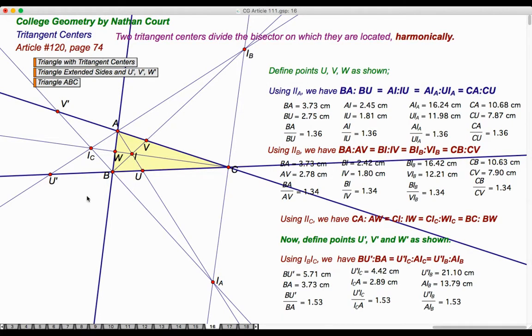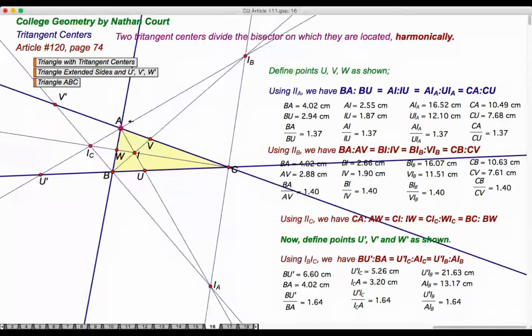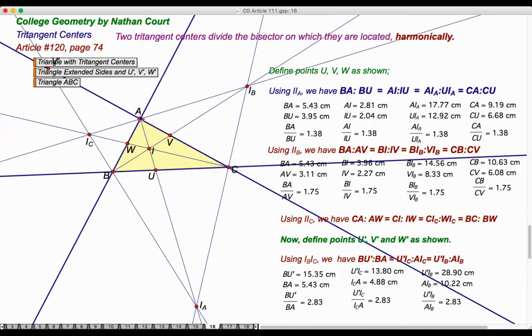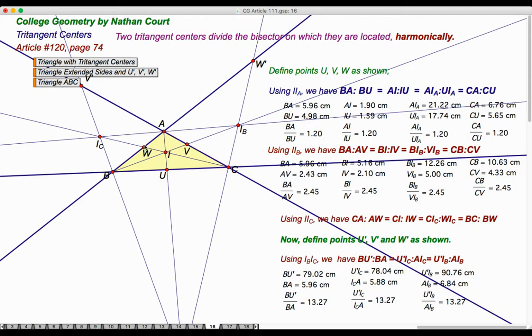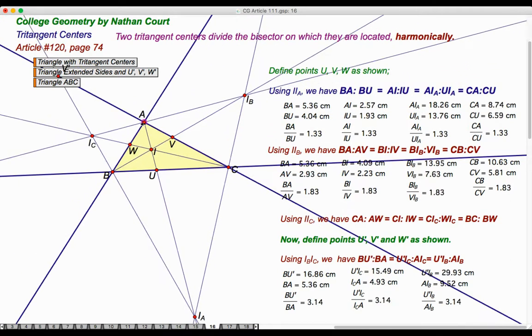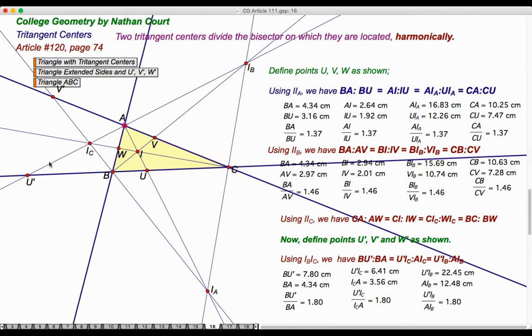And on side AB, I have a point W, and on the extended side is W prime. Let's show it one more time.